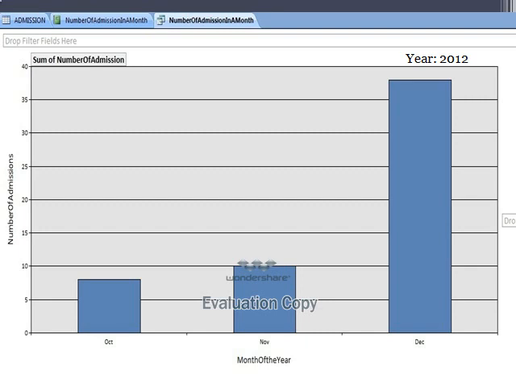You can see in October the number of admissions was less than the number of admissions in November, and in December the number of admissions was far more than in the months of October and November. The total number of admissions in December was between 35 to 40.